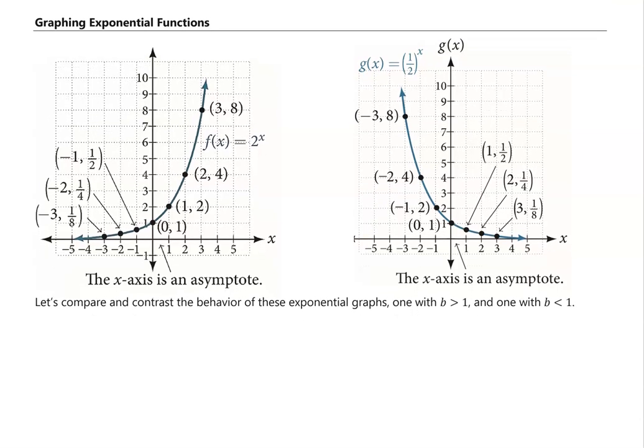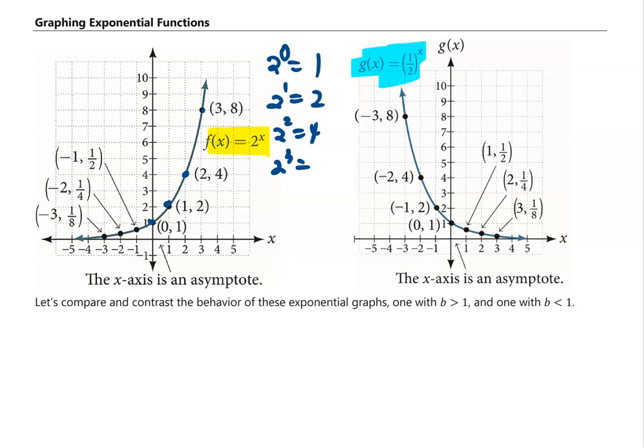So let's start with two functions here. f of x is equal to 2 raised to x, and g of x is equal to 1/2 raised to x. So we graphed this last time from section 4.1, f of x equal to 2 raised to x, where I showed you 2 raised to 0 is 1, 2 raised to 1 is equal to 2, 2 raised to 2 is equal to 4, 2 raised to 3 is equal to 8.